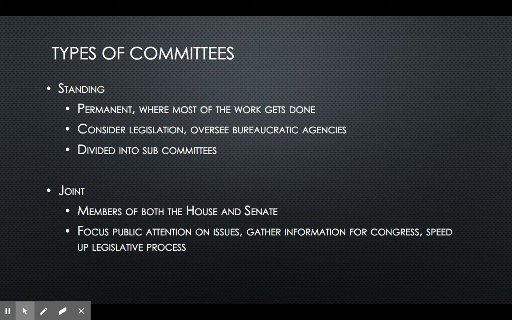So there are 4 types of committees, so make sure that you know the differences between these 4 types of committees. The first is a standing committee, and these are permanent. This is where most of the work of Congress gets done. They are going to focus on bills related to a particular policy area. So for example, if it is a committee on agriculture, they are looking at policy on agriculture.